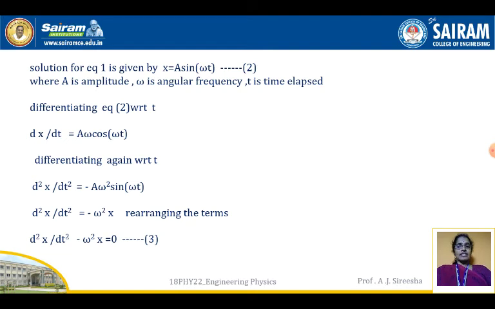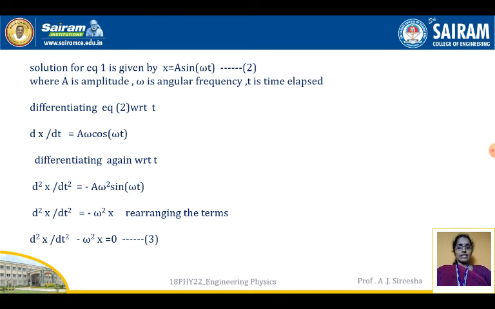And differentiating again with respect to t, d square x by dt square is equal to minus a omega square sine of omega t. We all know the differential of cos omega t is minus sine omega t. Therefore, there is a minus sign, and omega square because the two omegas have come into the picture. So we can write d square x by dt square is equal to minus omega square into a sine of omega t.